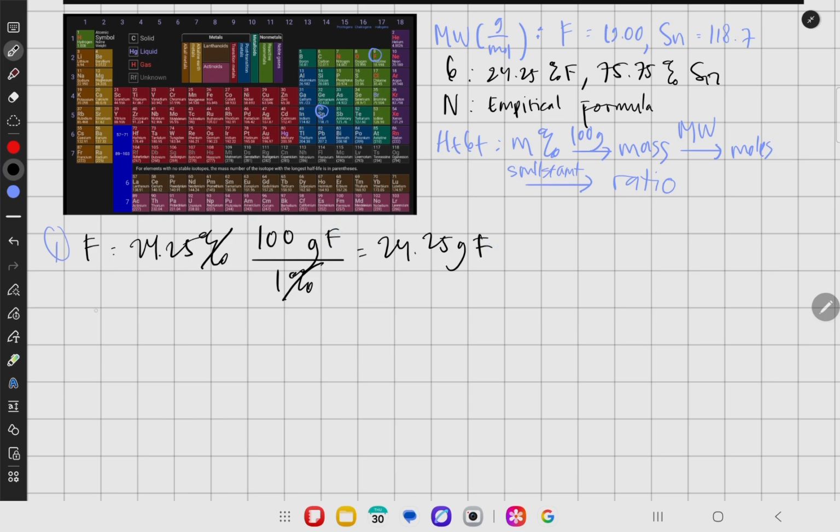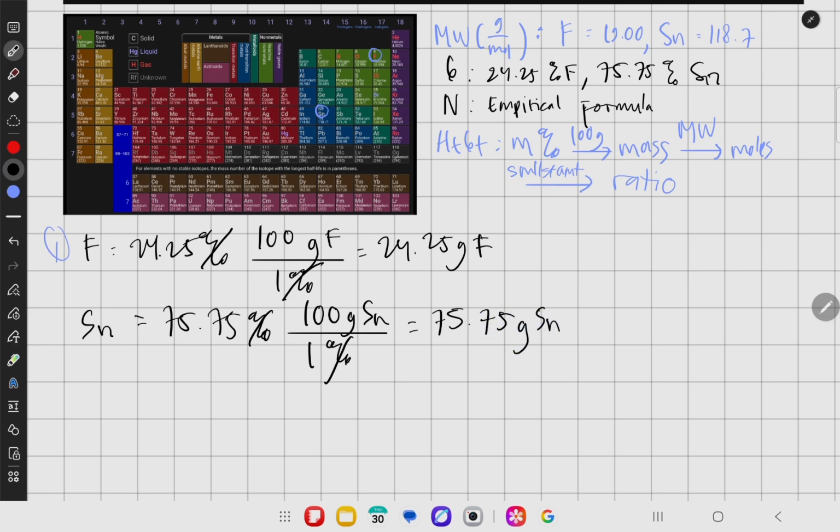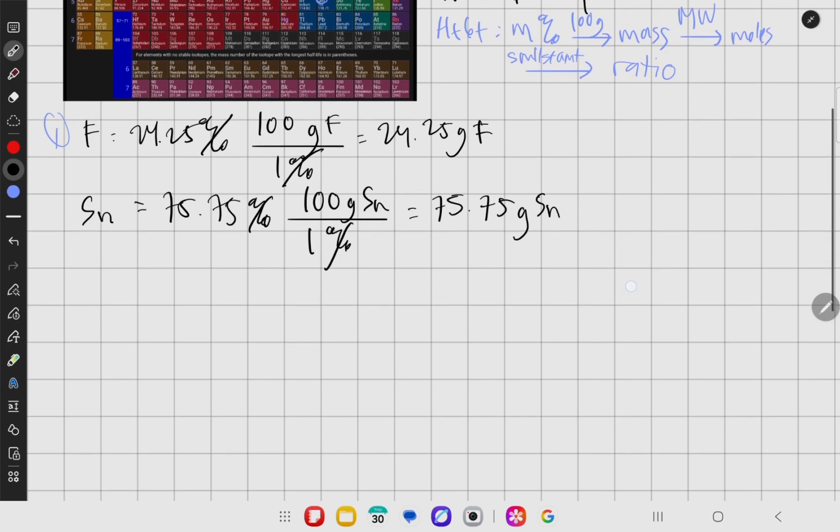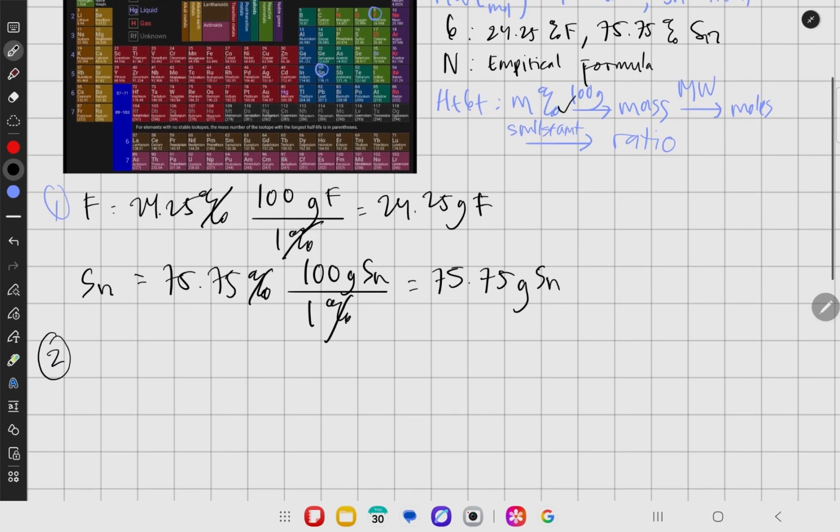The second one, we know there is tin, 75.75% divided by 1%, 100 grams of tin. So it's still the same, 75.75 grams of tin. And then after that, we can checklist this. That means we accomplished that.